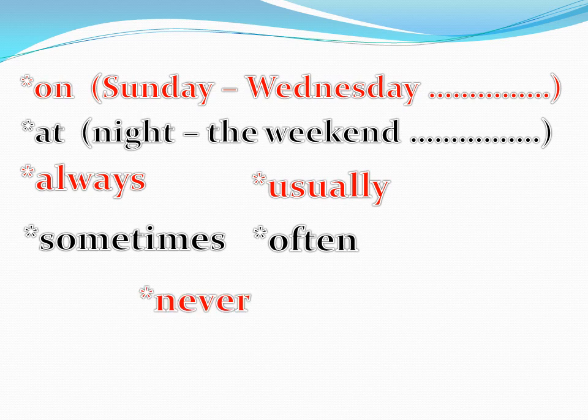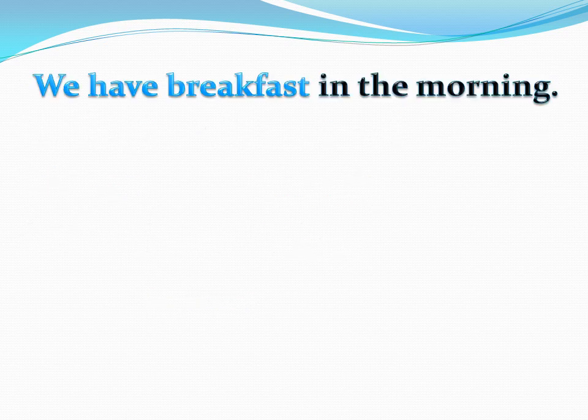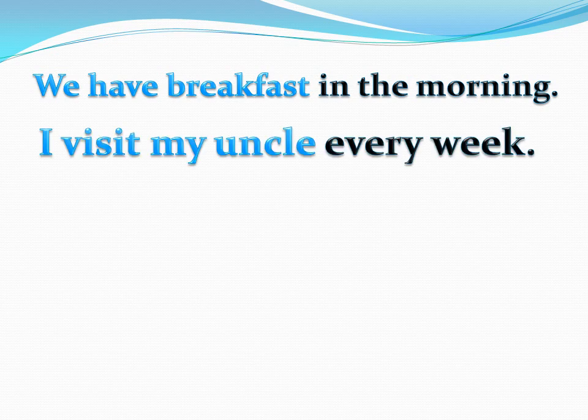How can we use these keywords in sentences? Okay, we have breakfast in the morning. So in the morning, in the afternoon, in the evening, they come at the end or at the beginning of the sentence. They don't come in the middle. Also, the word every comes at the end of the sentence. I visit my uncle every weekend, every week.